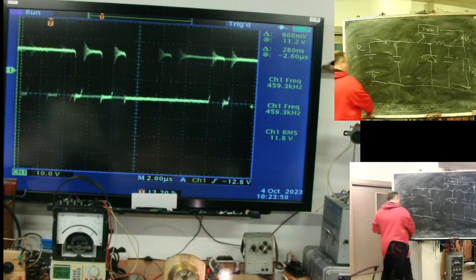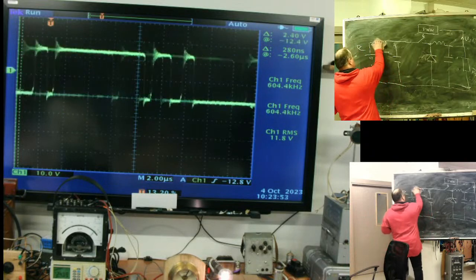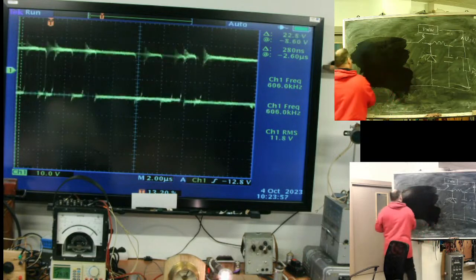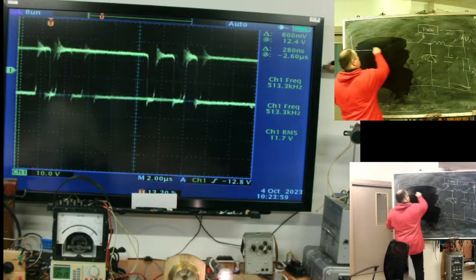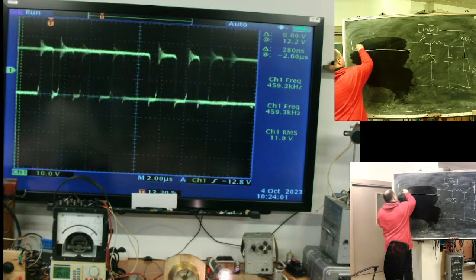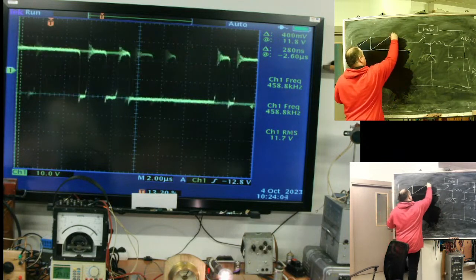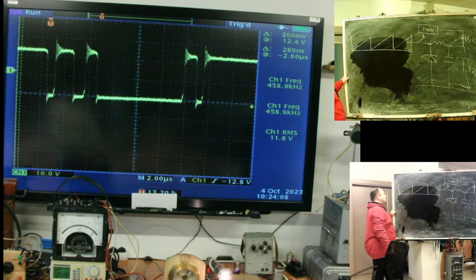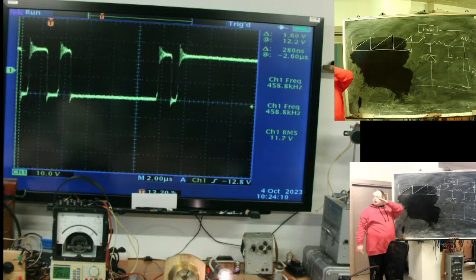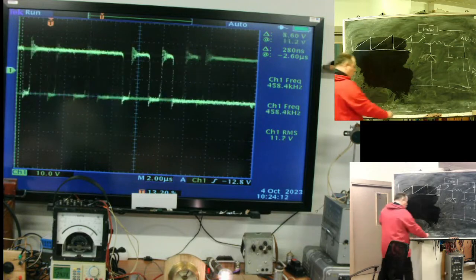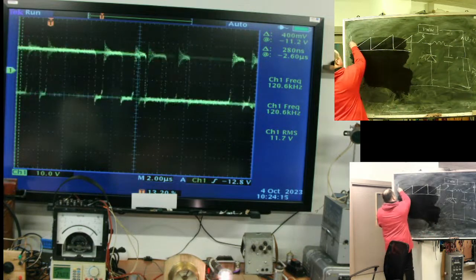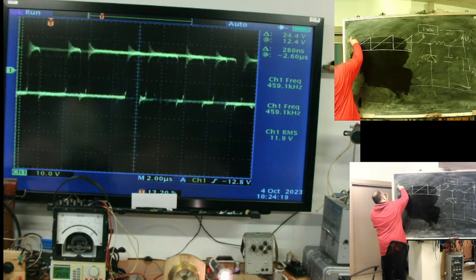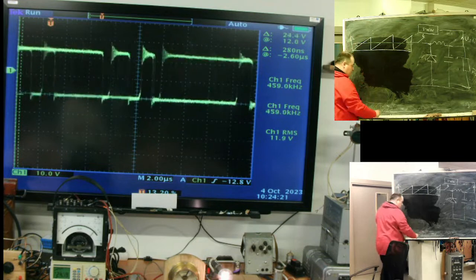How does a PWM circuit work? The basic version, the early version, needs a voltage like this, a sawtooth voltage. This voltage is compared with the green line, which is the feedback voltage.